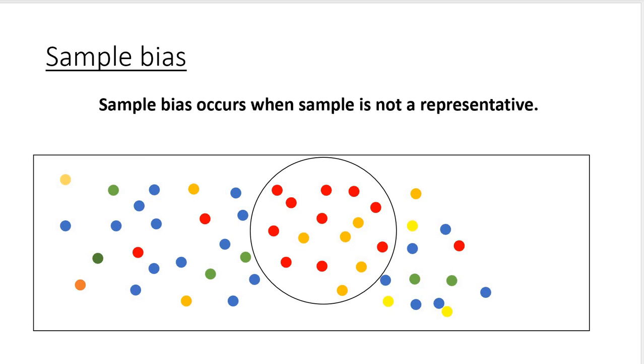As we discussed before, typically population is too big in order to fully assess it. That's why you concentrate on some sample. And imagine that this circle represents your sample. And as you can see, it's not a representative one.